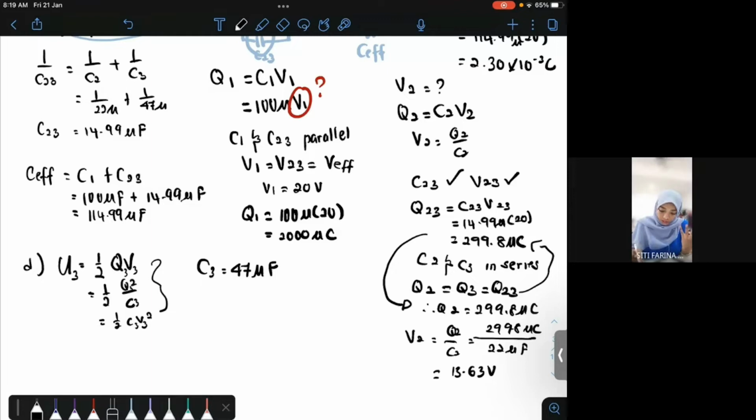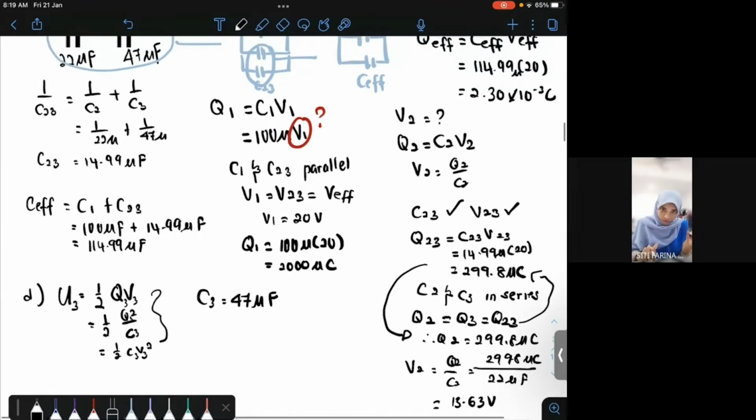Okay, since we are talking about kapasitor ketiga, as you can see dekat sini, we have information on Q3. Tak ada information on Q3 directly. Q3 sama nilai dengan Q23, 299.8 microcoulomb.